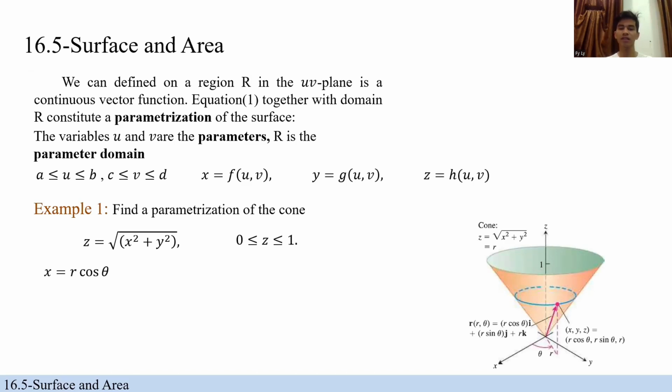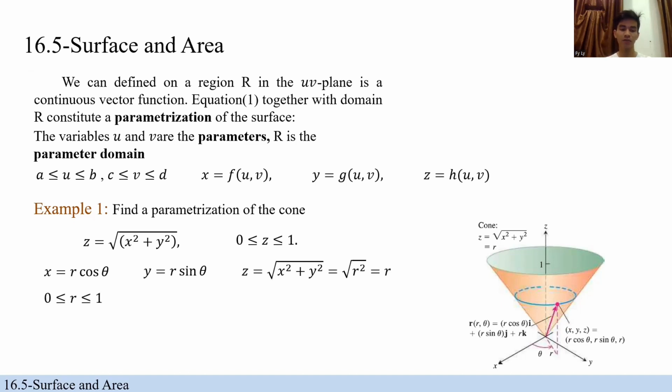As you know, x equals r cos theta, y equals r sin theta, and z equals the square root of x squared plus y squared. So x squared plus y squared is equal to r squared, and the square root of r squared is equal to r.